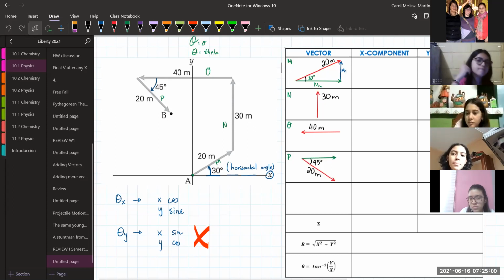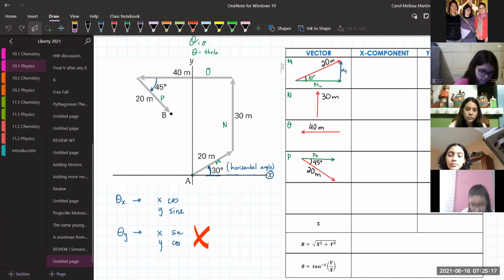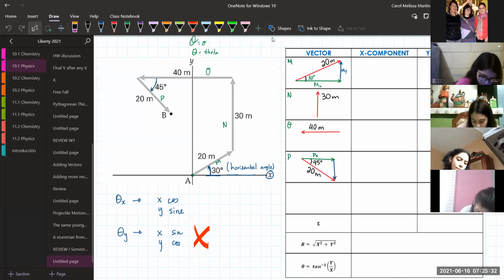If you throw something in this direction, that something is going to go to the right but also down. So my x component is going to the right. And the y component, as someone said, is going down. So this is going to be Py.